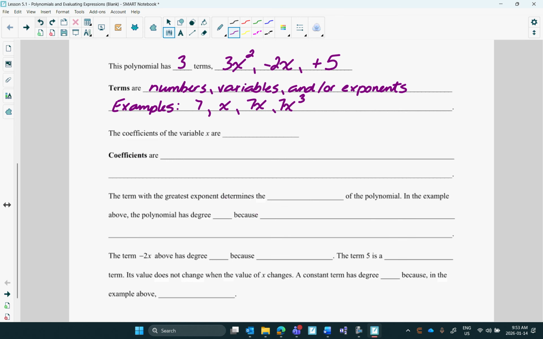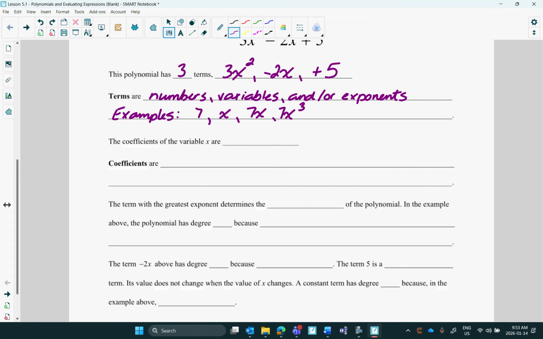Coefficients. Coefficients are the numbers in front of a variable, and if they're in front of a variable, that means they multiply the variable.